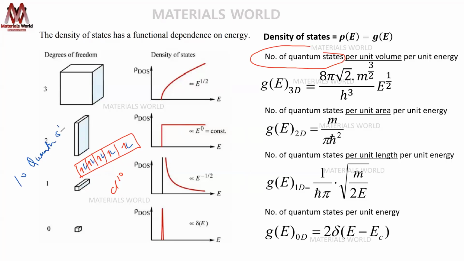How do you define a quantum state, or energy state, or just a state? You define it by 4 quantum numbers: primary, azimuthal, magnetic, and spin quantum number. Even though 3 will match, the 4th one will automatically be different, because for up it is plus half, and for down it is minus half. You got my point?